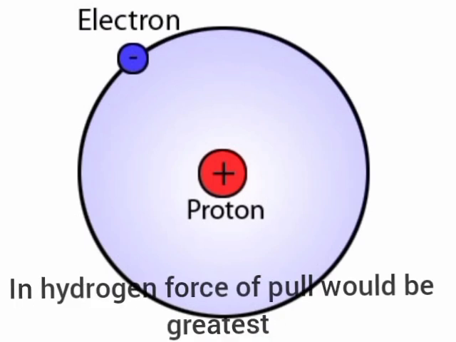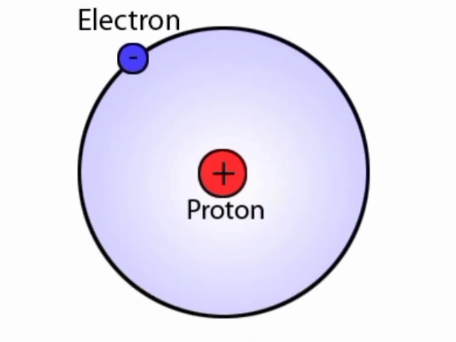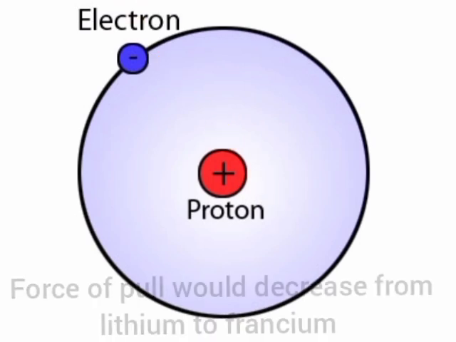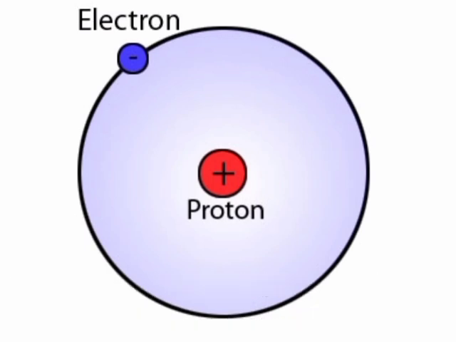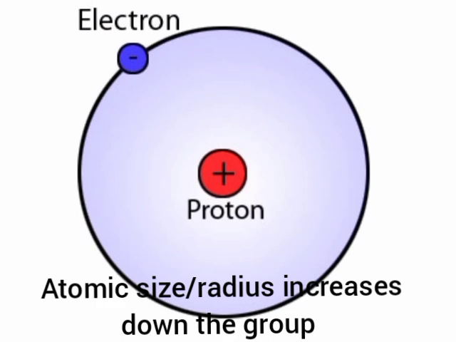In hydrogen, for instance, the force of pull would be greatest because of the proximity of hydrogen's nucleus to its outermost electron. The force of pull would then decrease from lithium to francium. This shows that the atomic size increases down the group.